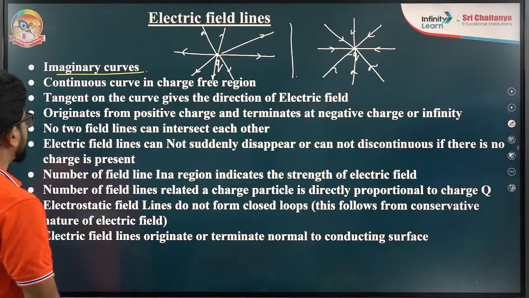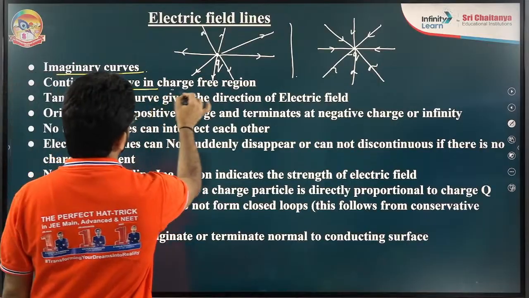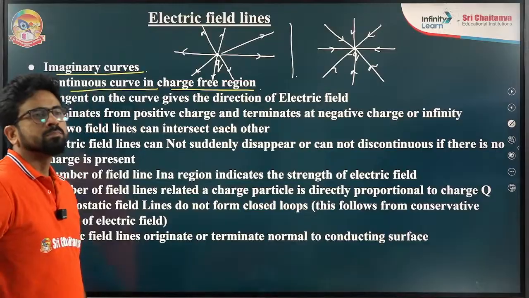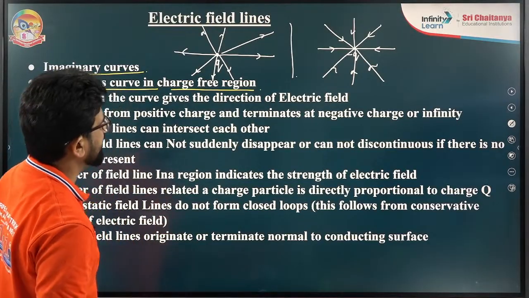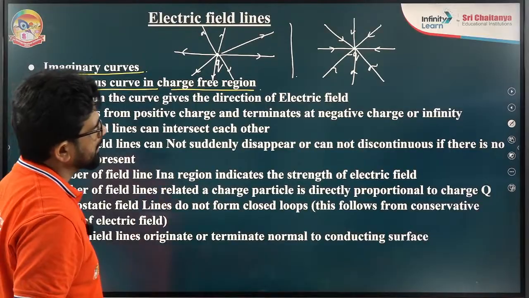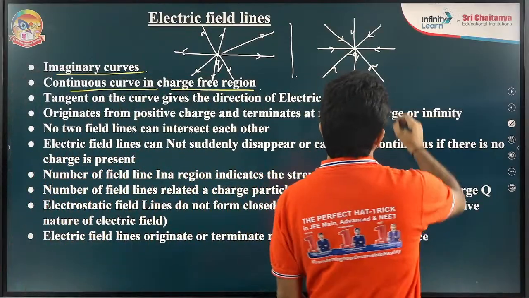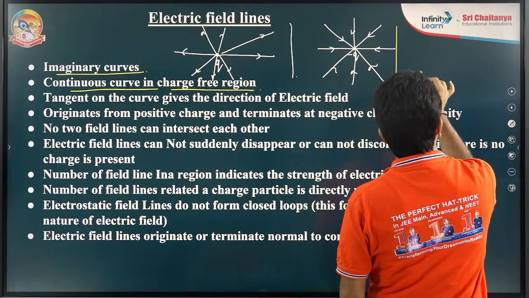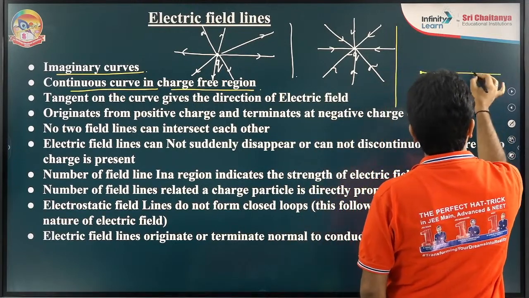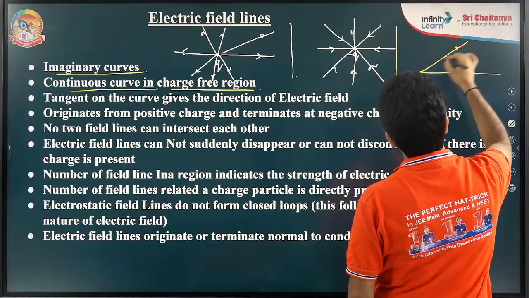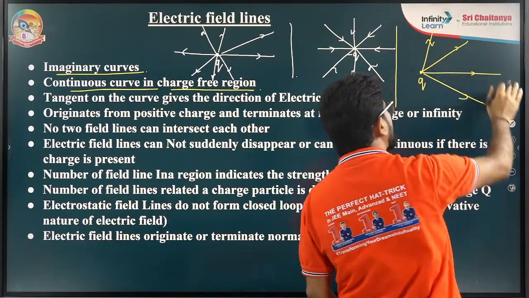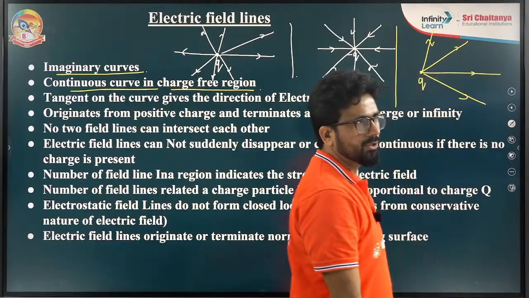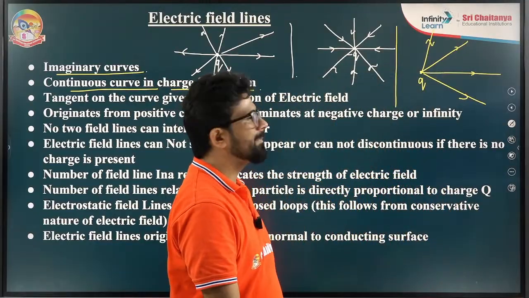Now, second point. It is a continuous curve in a charge-free region. What is the meaning? The meaning is very, very important. You have to understand. Suppose this is a point charge and from this a field line is coming out like this. This field line is not going to break. What is the meaning of break?